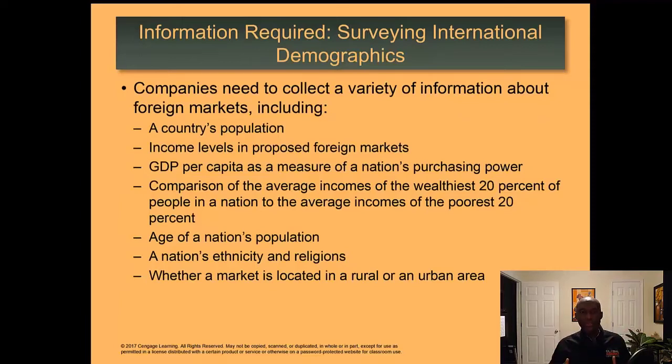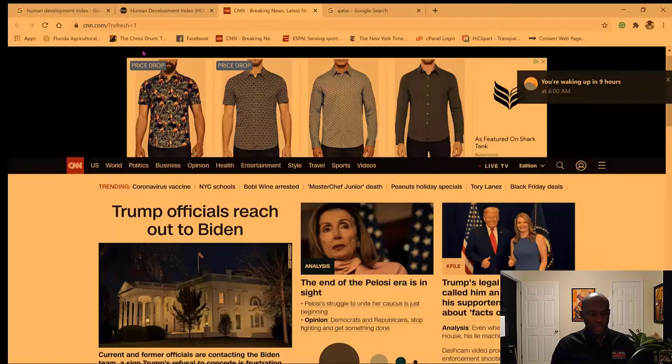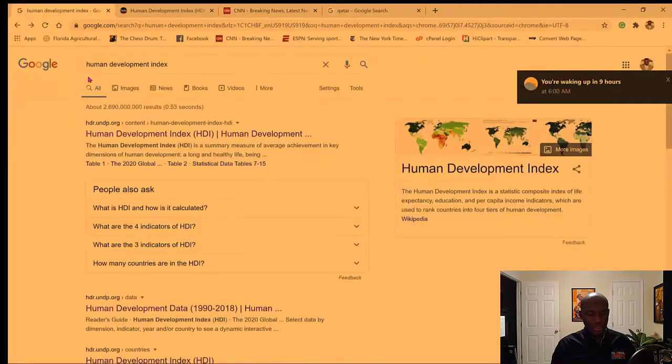You look at demographics, you look at things like GDP per capita, you look at income distribution, but there is a particular metric that's very important. And if you will allow me to show you, it is called the Human Development Index.